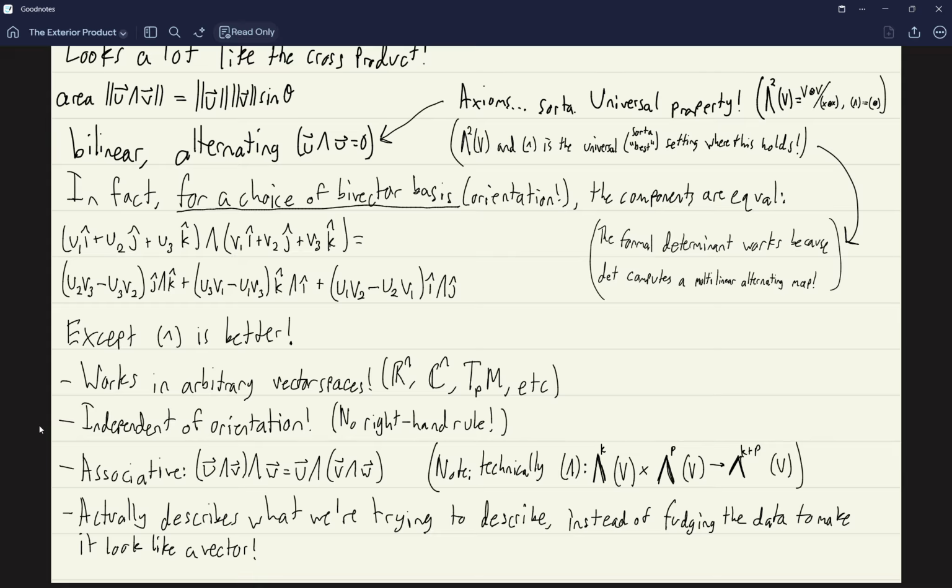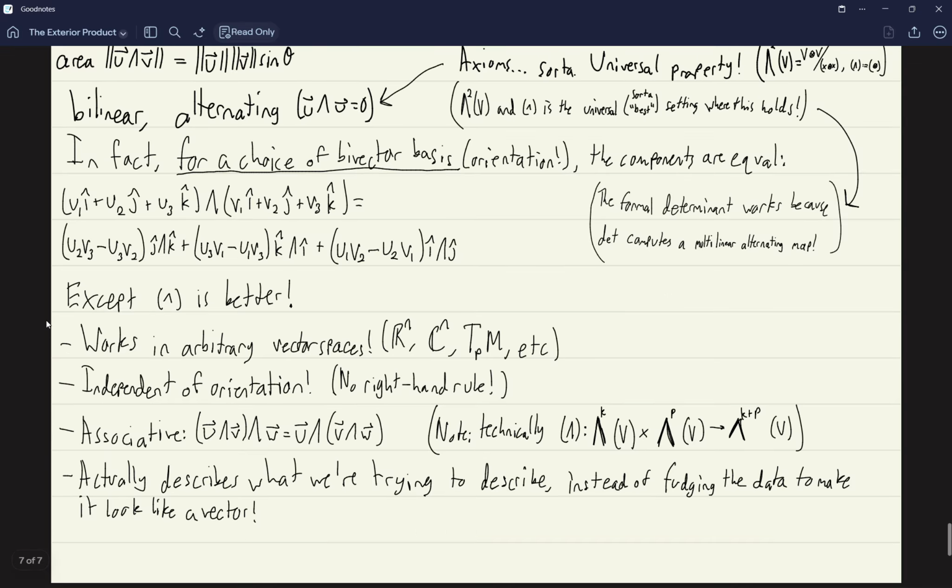Instead it lets us actually talk about the plane itself. So yeah, that's the exterior product. That's why the cross product is evil, and that's what we should be doing instead.